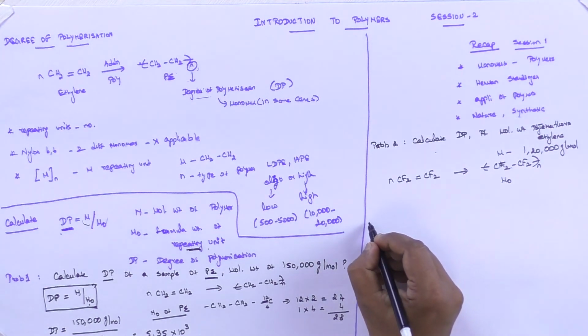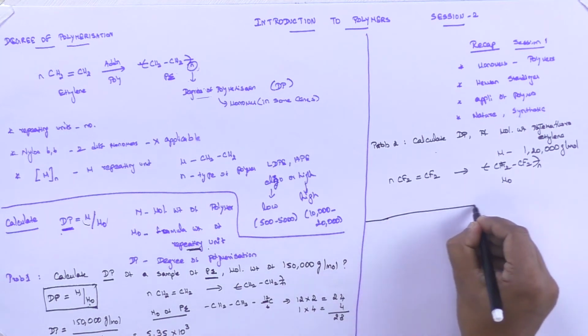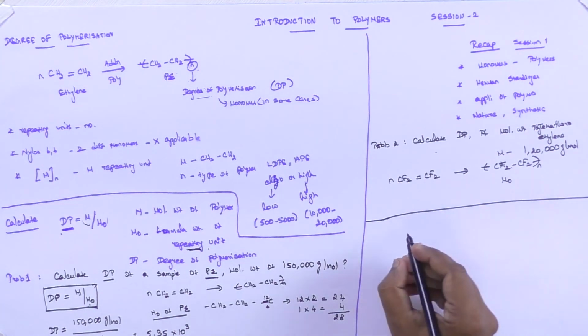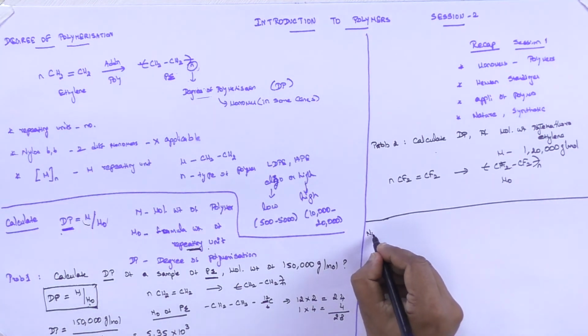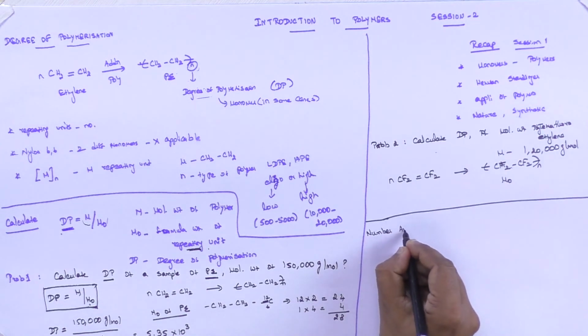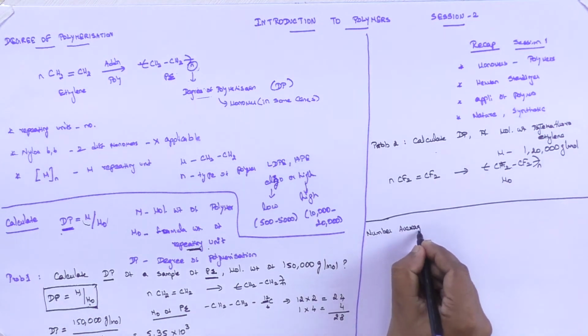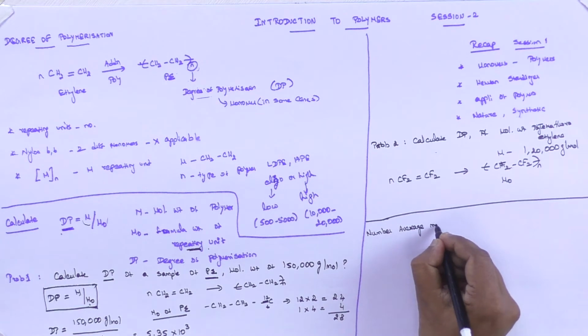You also have two other formulas. First, the number average molecular weight.